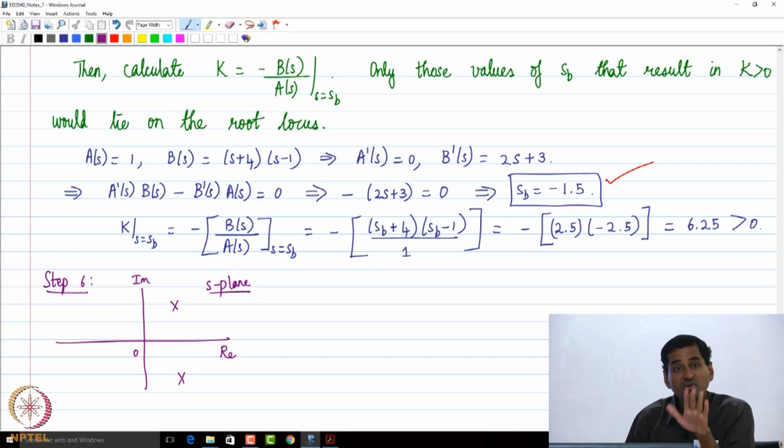So, I know that from each open loop pole I am going to have one branch of the root locus starting as k increases from 0. So, I will have one branch starting from this open loop pole and another branch starting from this open loop pole. Now, the question is then, along which direction will each branch start?